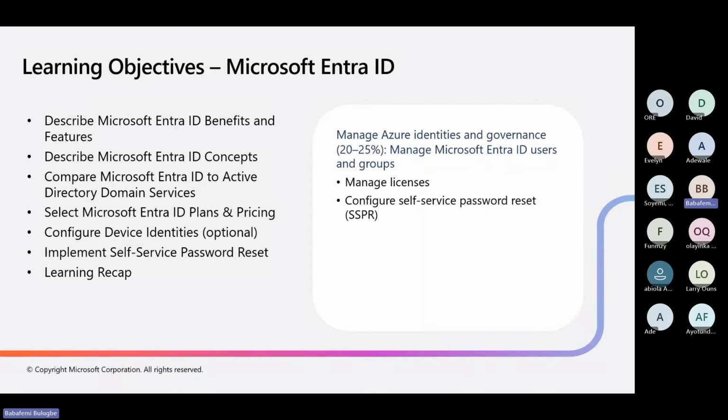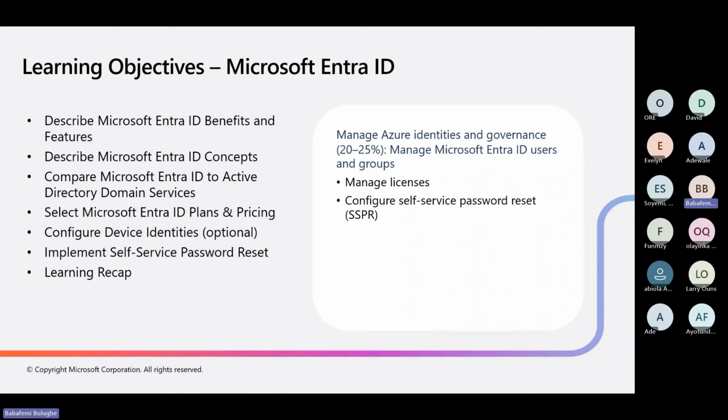This is very crucial because you need identity to access your resources. We have this identity, Azure Active Directory, and identity and governance takes 20 to 25% when you finally decide to write the examination.